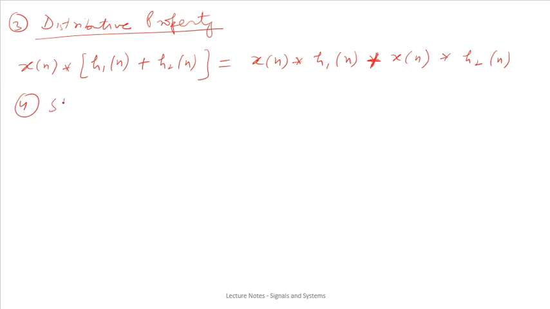The next property is the shifting property.